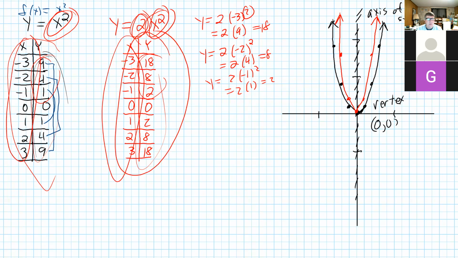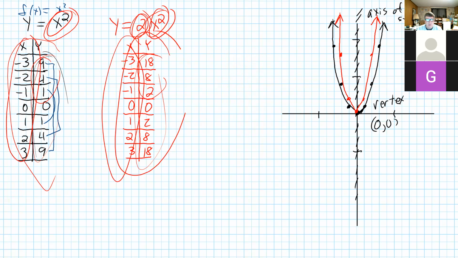So now let's get rid of this, all my extra scratch work there. And let's do this one in green. Y equals 1/2 x squared.